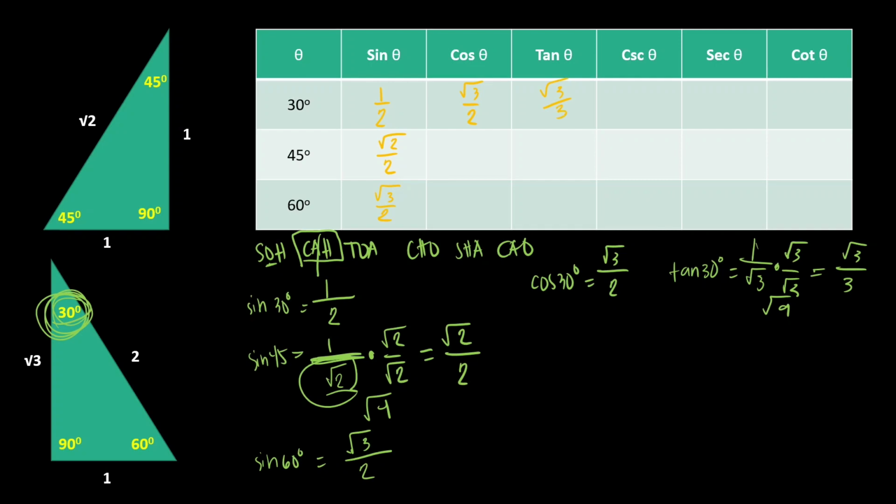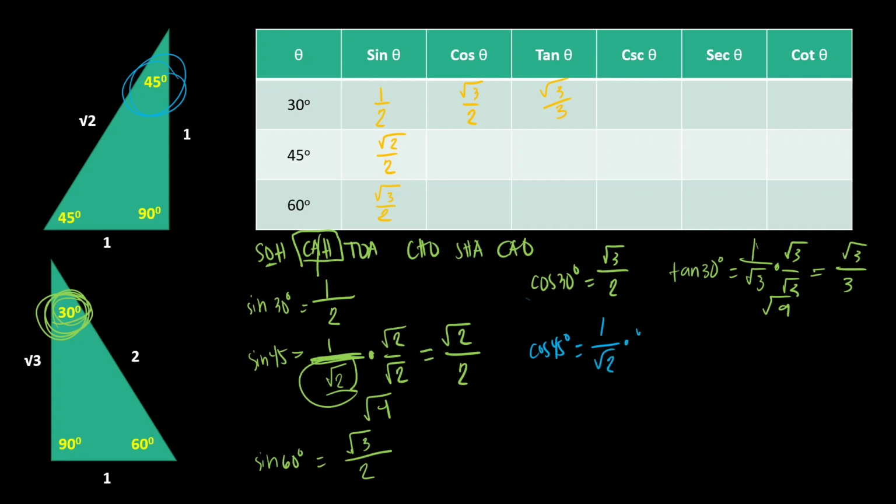Next is the cosine 45 degrees. The formula is adjacent over hypotenuse. The adjacent is 1 and the hypotenuse is square root of 2.